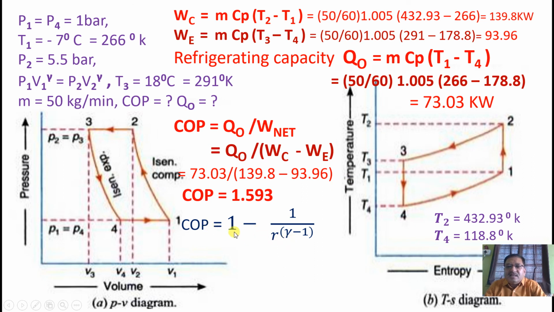You can check the value of COP: 1 minus 1 upon R, where R is the compression ratio P2 upon P1, so 5.5 divided by 1 is 5.5, and gamma is 1.4, minus 1. Putting in the values, we also get the same COP, 1.593. So this check tells us that the value is correct.